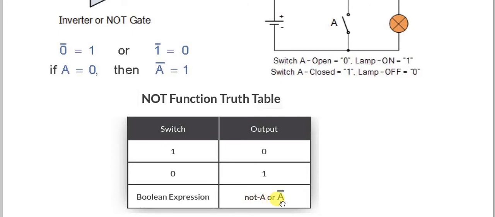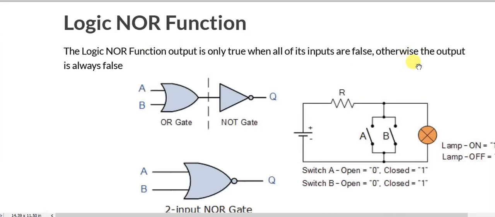Now the next gate is the logic NOR gate or logic NOR function. The logic NOR function output is only true when all of its inputs are false. Otherwise the output is always false. This is the symbolic representation. What we do is put a NOT gate in front of the OR gate.